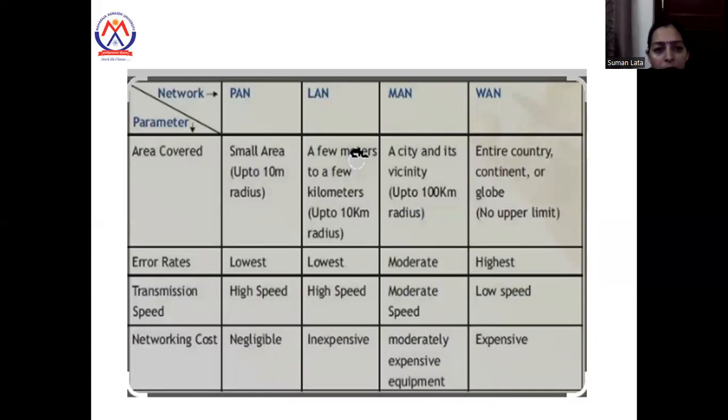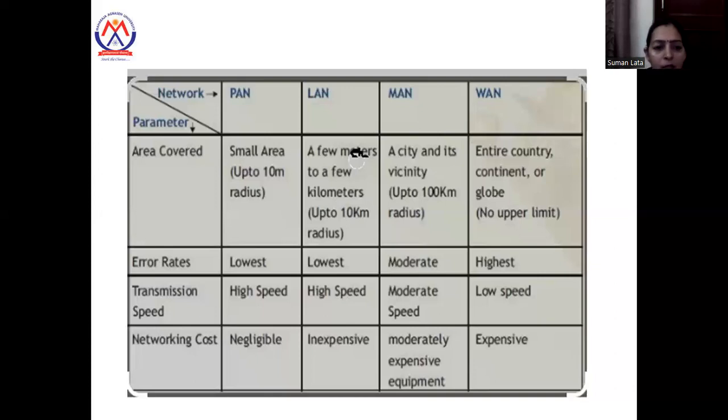In MAN, a city and its vicinity up to 100-kilometer of radius can be covered. In WAN, entire country, continent or globe can be covered, but there is no upper limit in WAN. This is the first parameter.